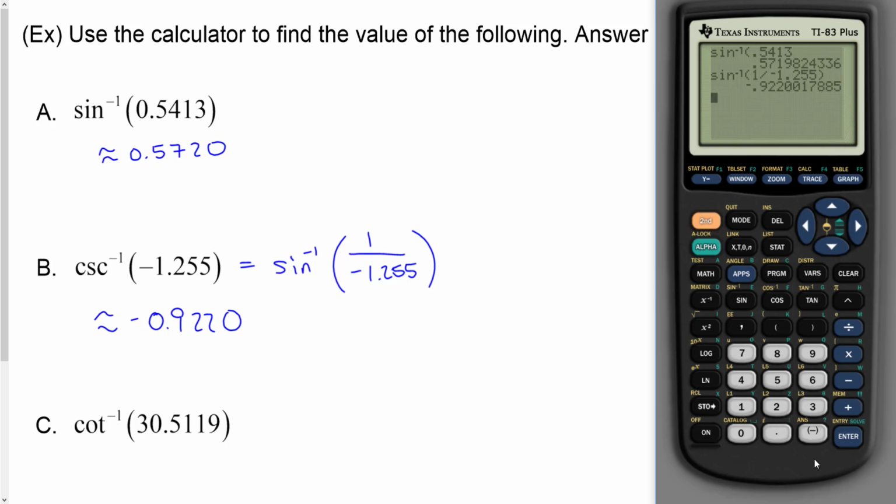Arccotangent of 30.5119. So this would be the arctangent of 1 over that.